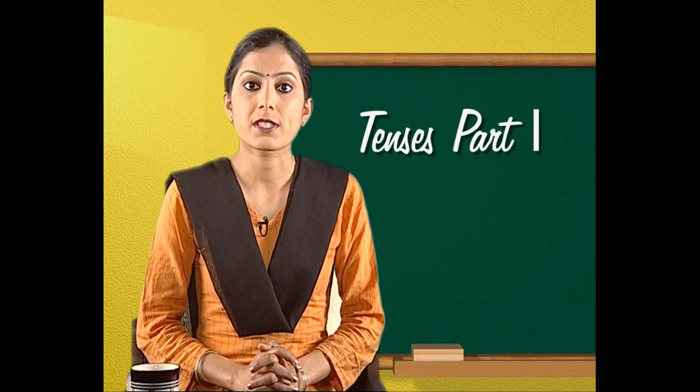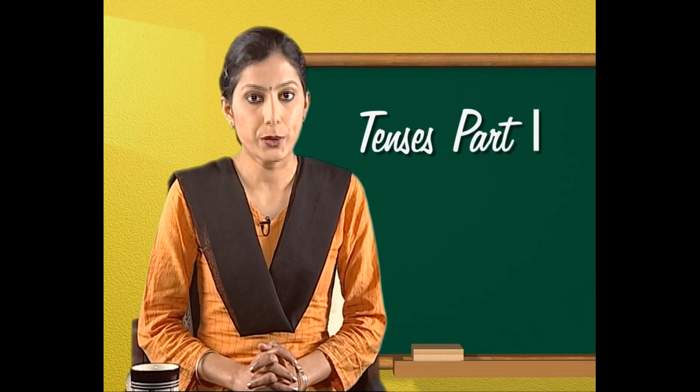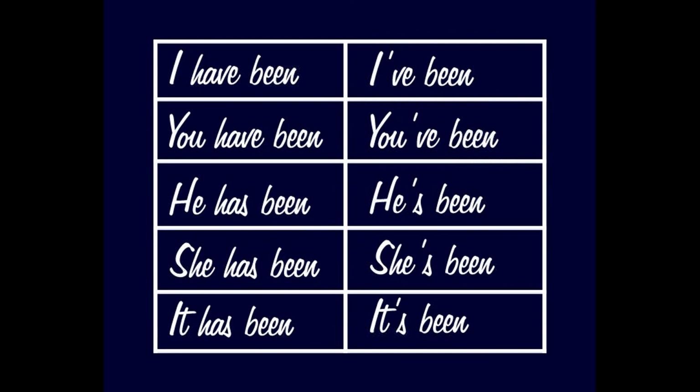We also sometimes do this in informal writing. You can see here, I have been. But when we contract the subject and the first auxiliary, then you will write like this, I've been.